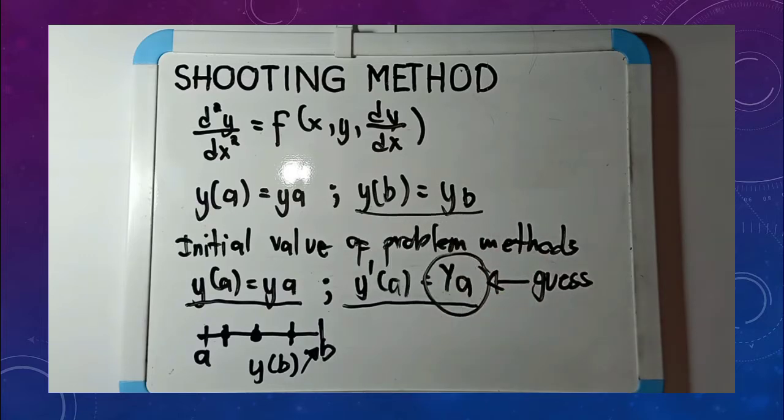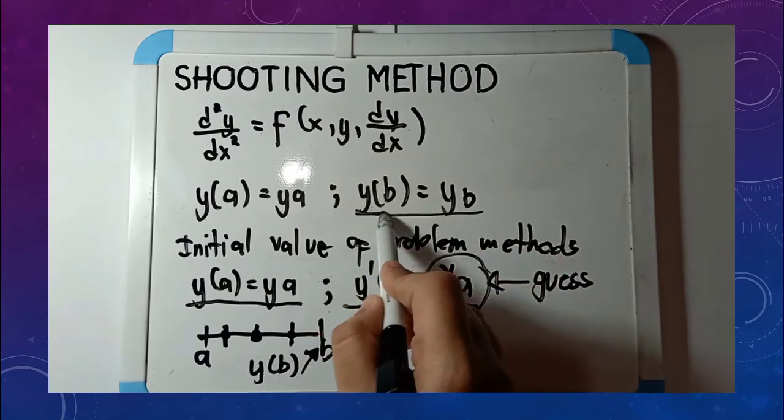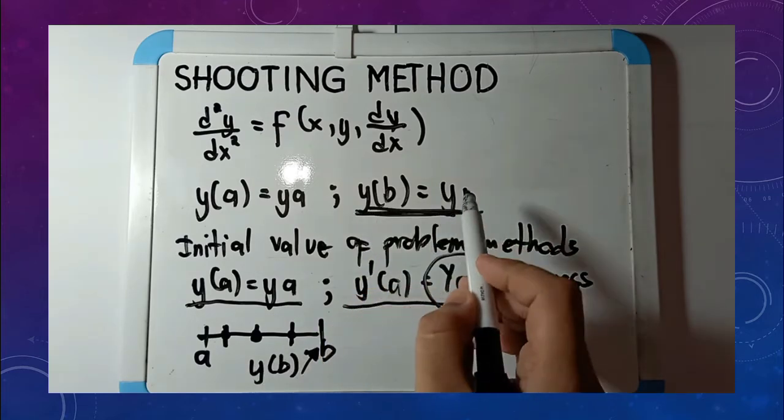But that's not going to happen because in almost every case, in this part right here, we are only guessing. And no matter how good we are at guessing and understanding the physics of the problem, this value of y sub b right here will not be exactly the same as this value of y sub b right here.